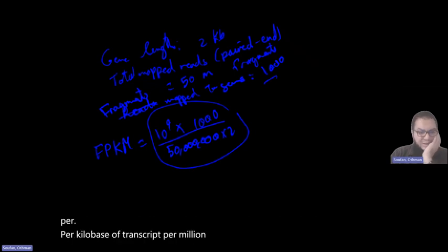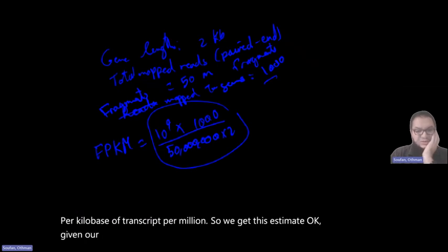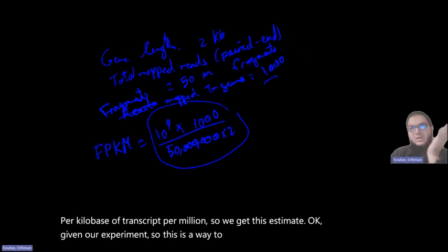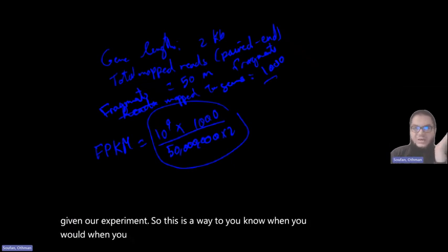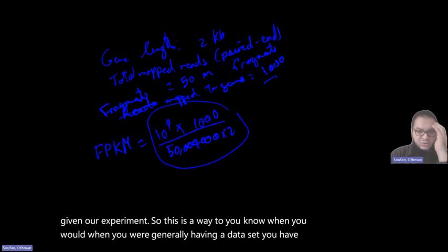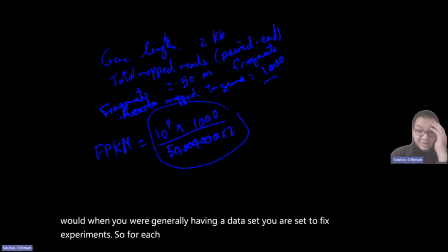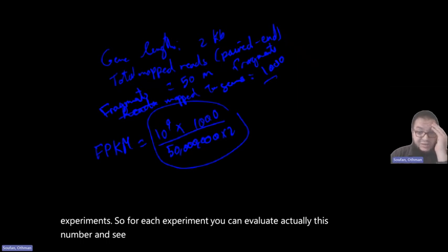So we get this estimate given our experiment. When you have a data set, you have a set of experiments. For each experiment, you can evaluate this number and see the differences between these experiments.